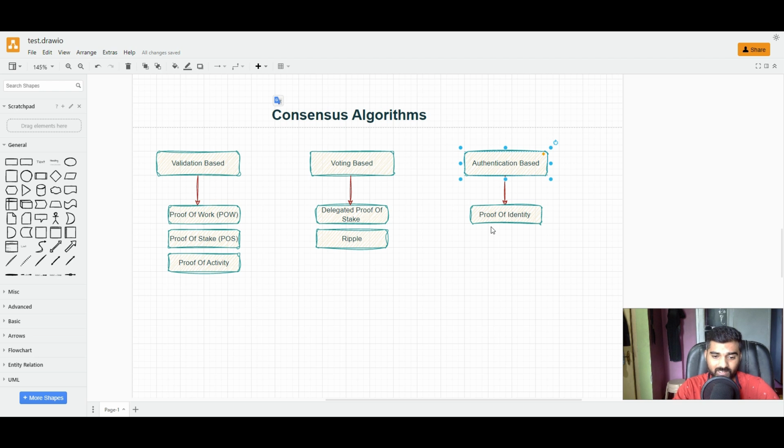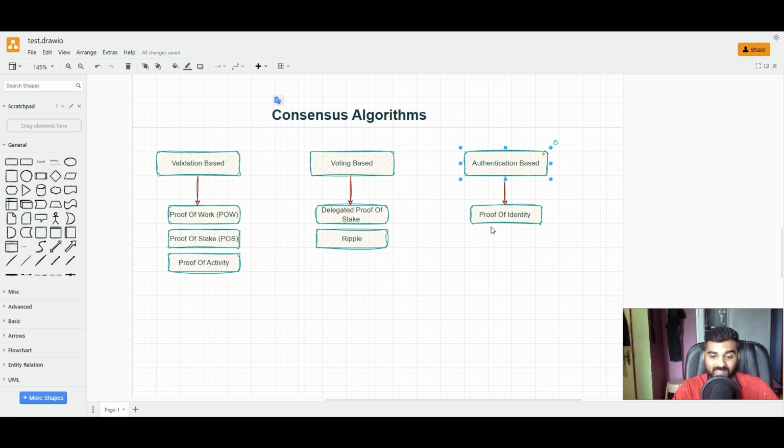Let's start with what consensus algorithms are. They basically help guarantee that all nodes in the network are synchronized and the transactions are valid. They are a very important part of the blockchain ecosystem because that's how you know the transactions are regularly verified and in fact valid.